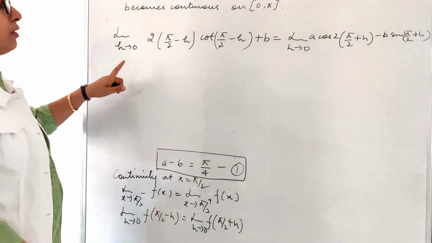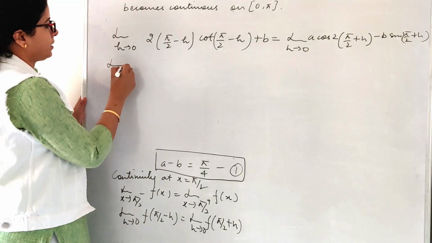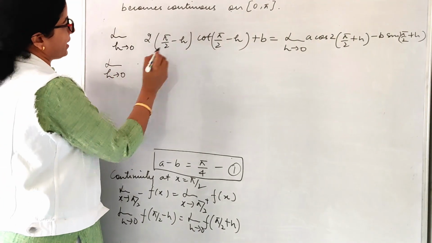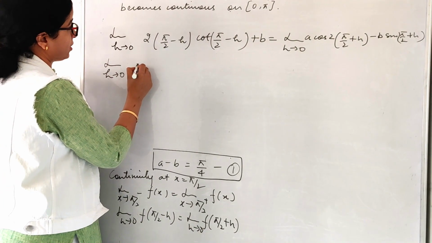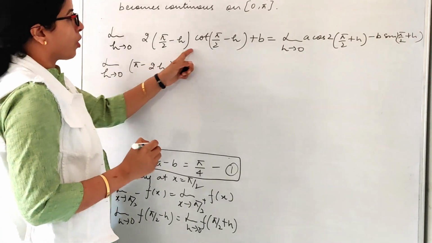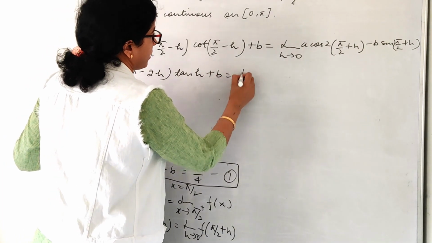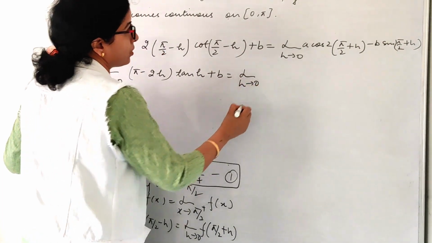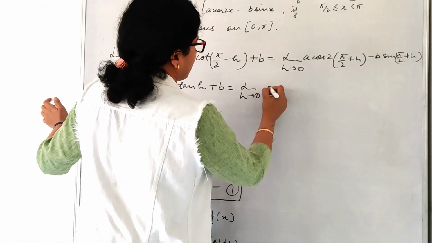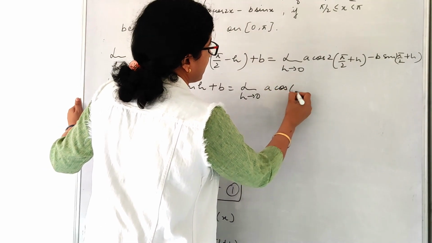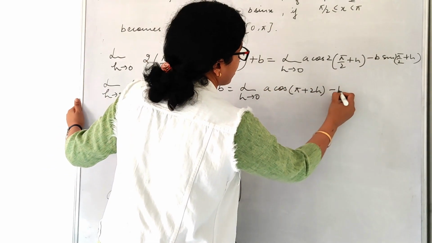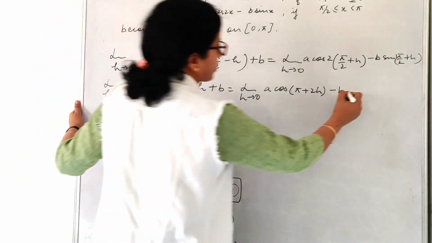Okay. Now we will use the trigonometry here. So limit h tends to 0. We can take 2 inside. So I am getting (pi minus 2h) cot (90 minus theta is tan theta) plus b. Limit h tends to 0. Take 2 inside. A cos (pi plus 2h) minus b sin (90 plus theta is cos theta).